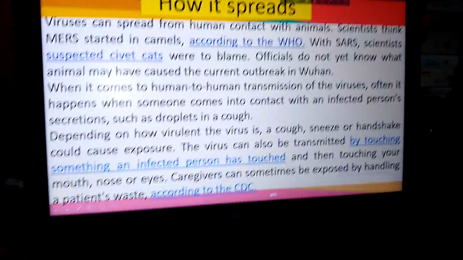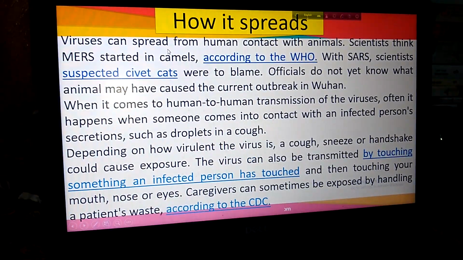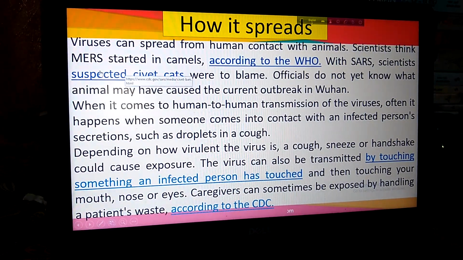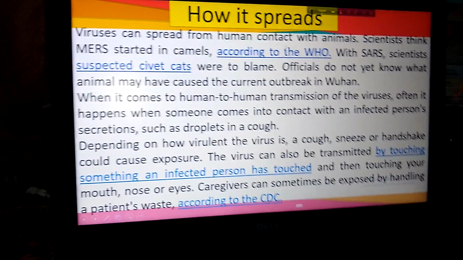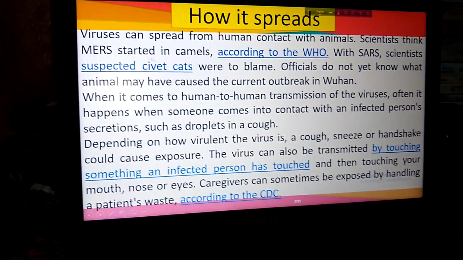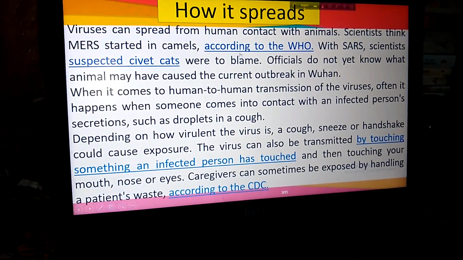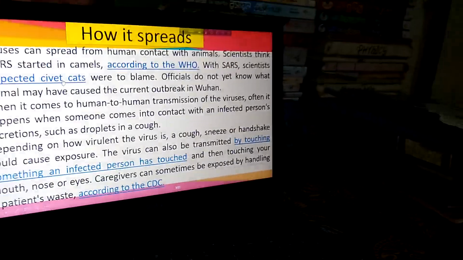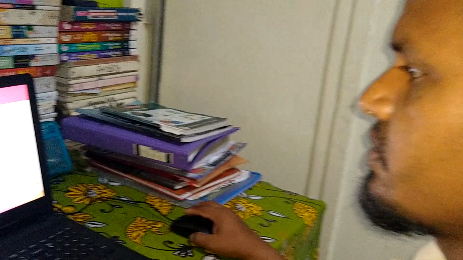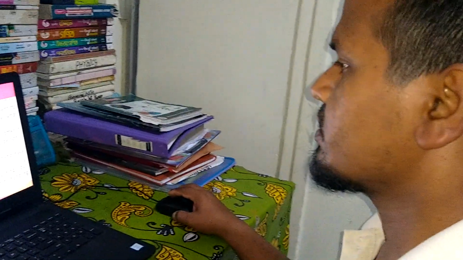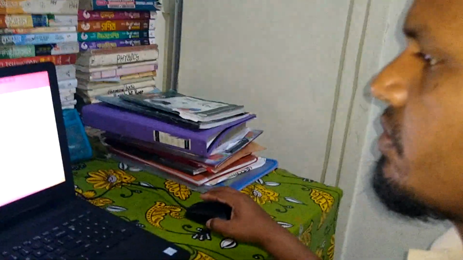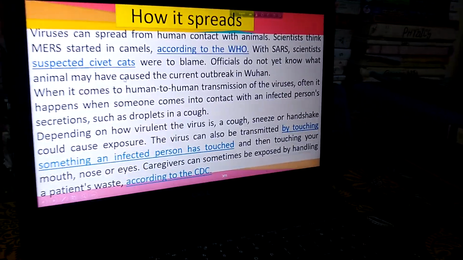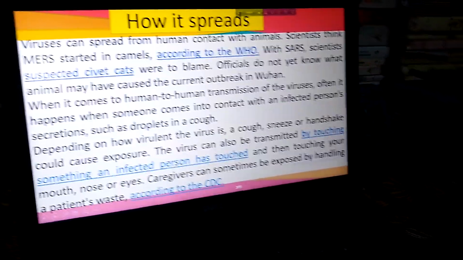How can it spread in another way? Virus can spread from human contact with animals. Scientists think MERS started in camels, according to the WHO, and scientists suspected civet cats were to blame for SARS. Officials don't yet know what animal may have caused the current outbreak in Wuhan.